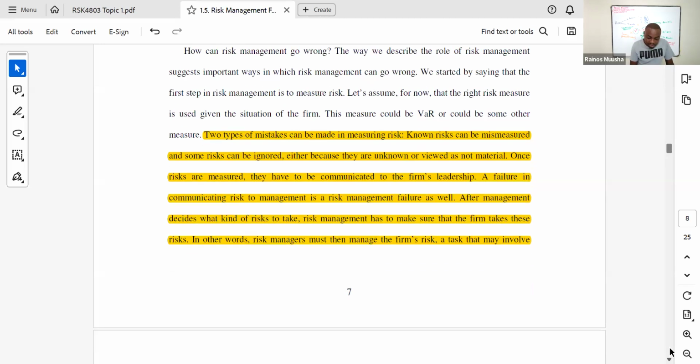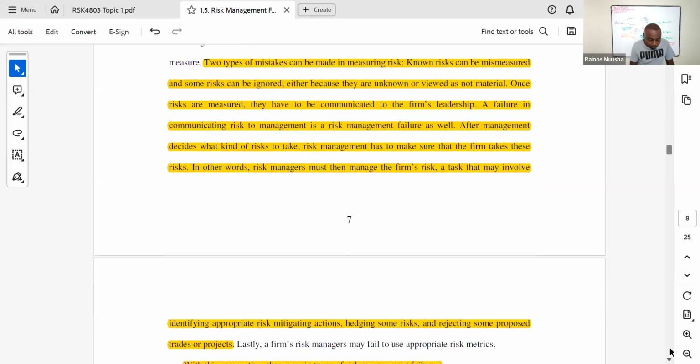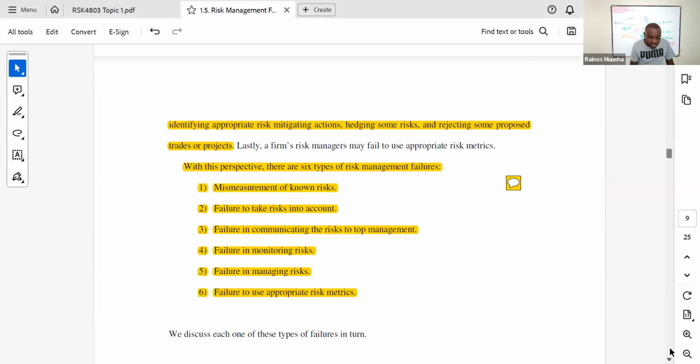In other words, risk managers must manage the firm's risks, a task that may involve identifying appropriate risk mitigating actions, hedging some risks, and rejecting some proposed trades and projects. And lastly, a firm's risk managers may fail to use appropriate risk metrics.